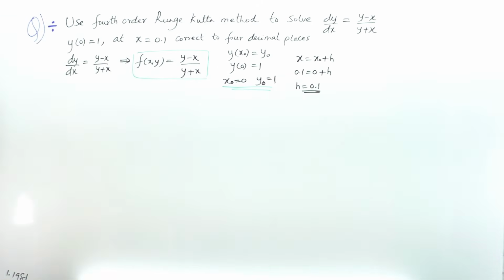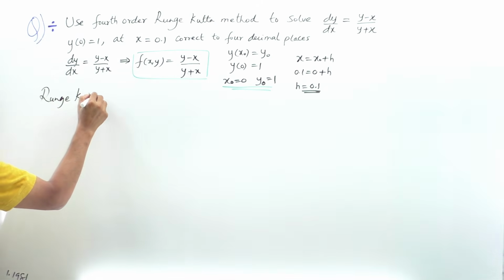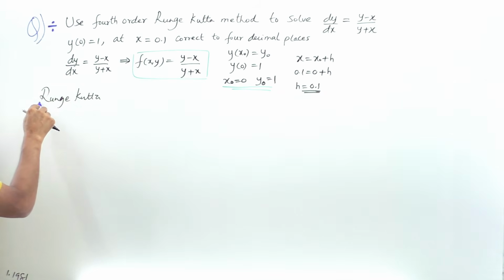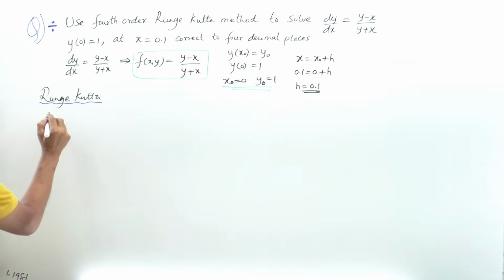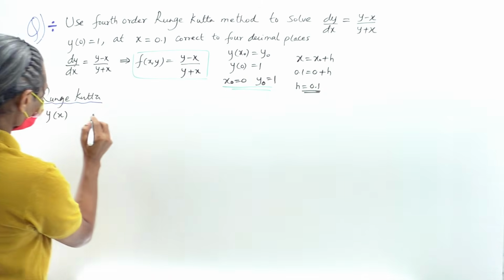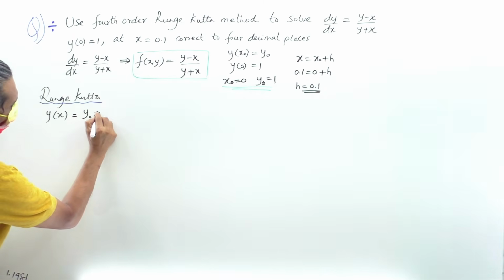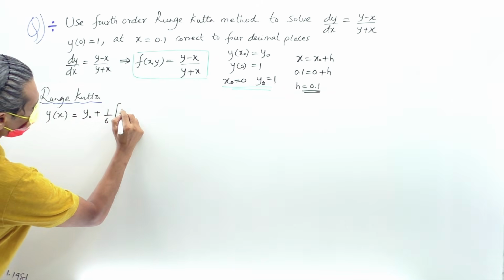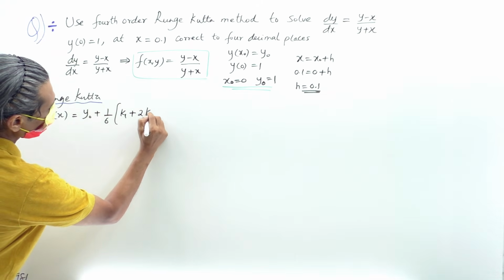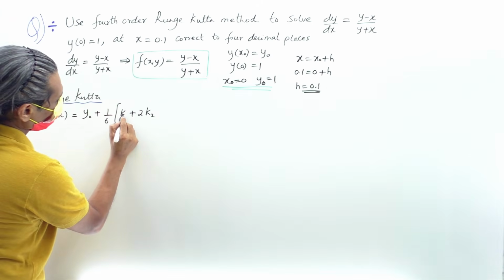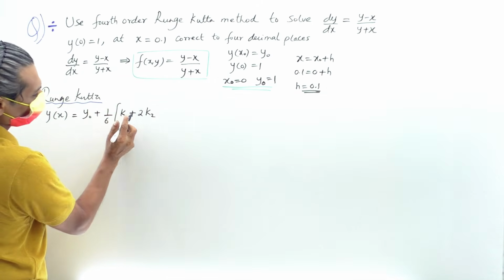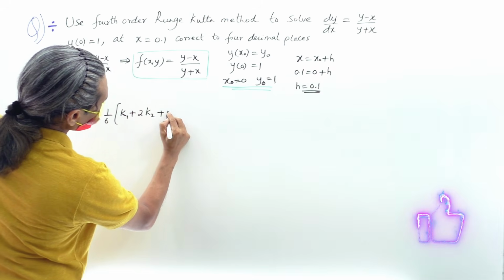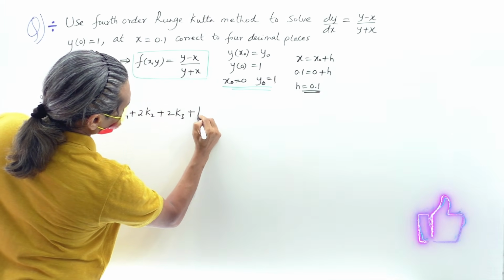Now the Runge-Kutta formula is: y of x, where x is x naught plus h, is equal to y naught plus 1 by 6 (k1 plus 2 k2 plus 2 k3 plus k4).